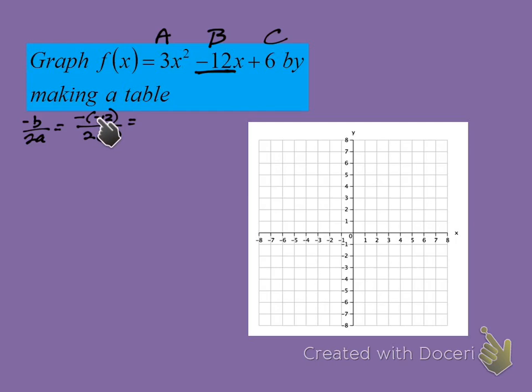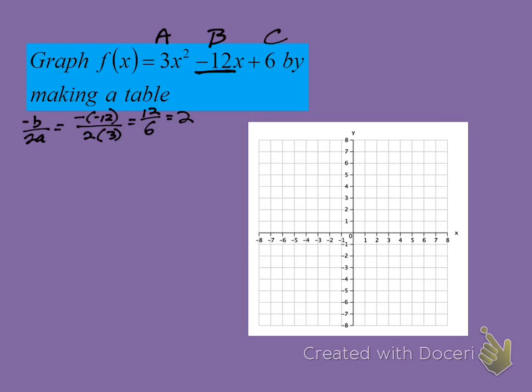These two negatives become a positive. 2 times 3 is 6, and 12 divided by 6 is 2. Negative b over 2a: b is negative 12, minus the negative makes positive, 2 times 3 is 6. Reduce it, you get 2.